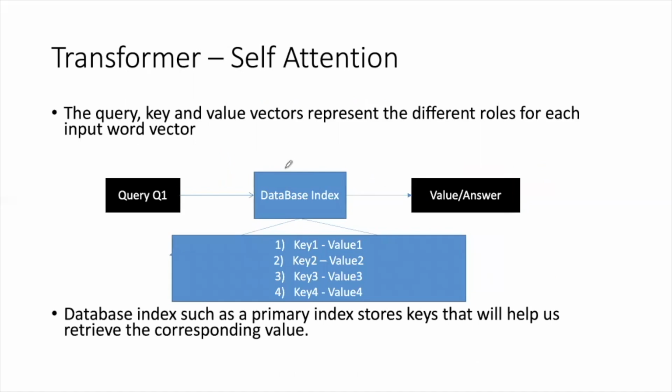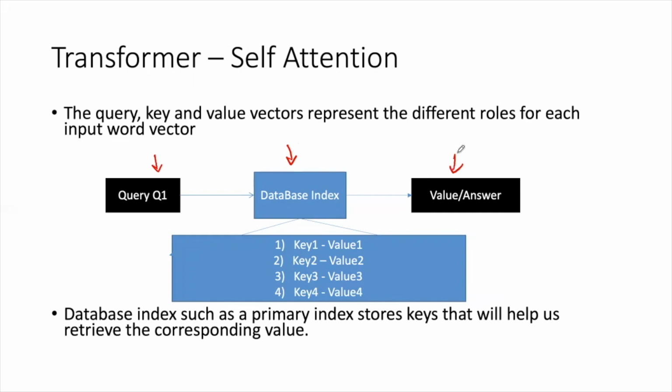One more way to get an intuition of what these query, key, and value matrices are is to consider the scenario of a typical database system. In a database system, let's say we have a database index, typically a primary index, secondary index, etc. When we pose a query to the database system, it uses this index to help fetch the value or the answer.